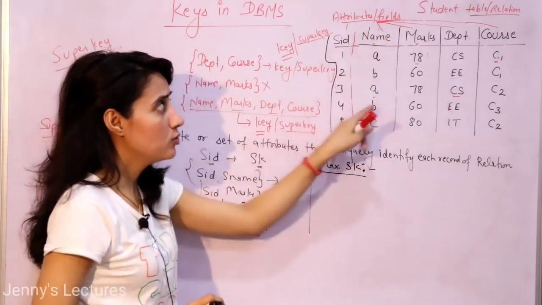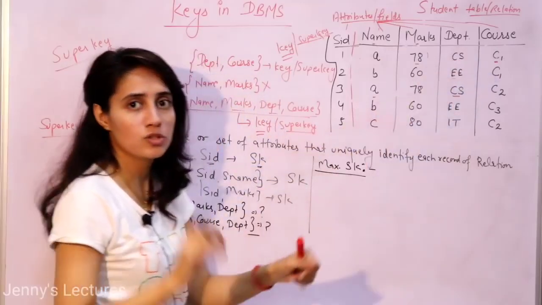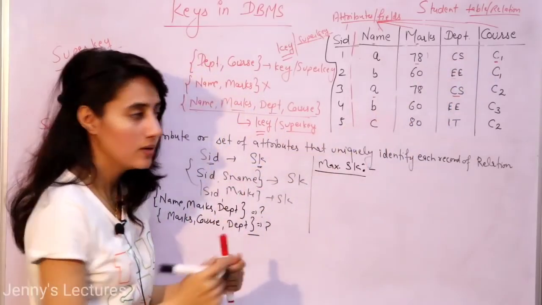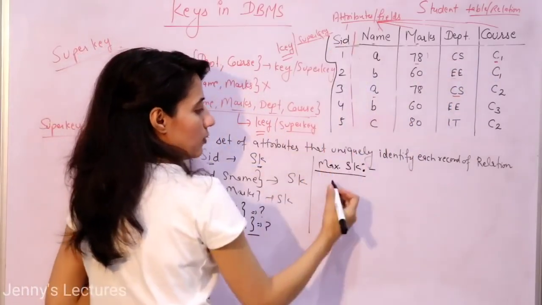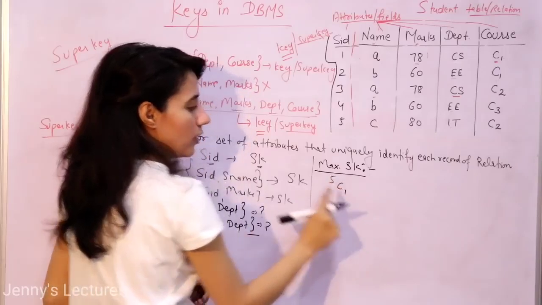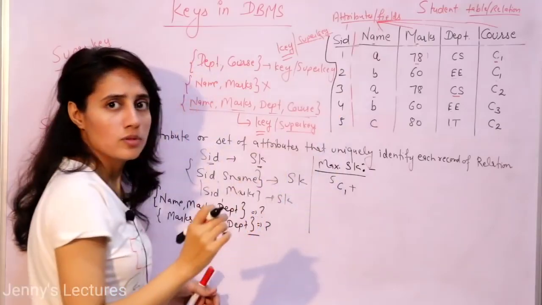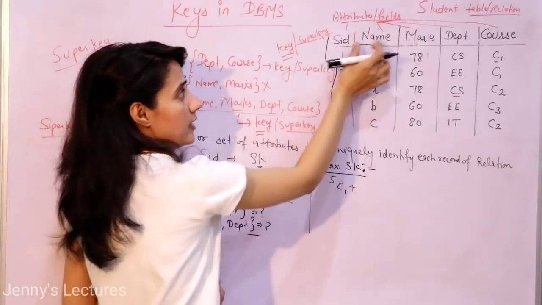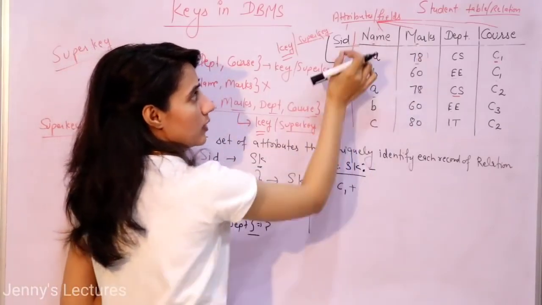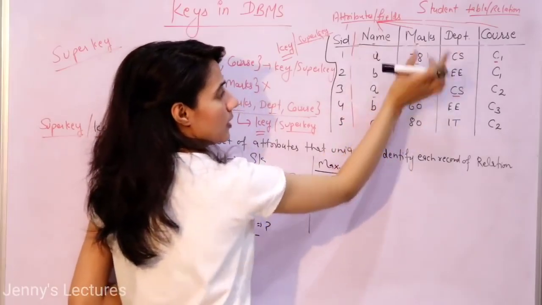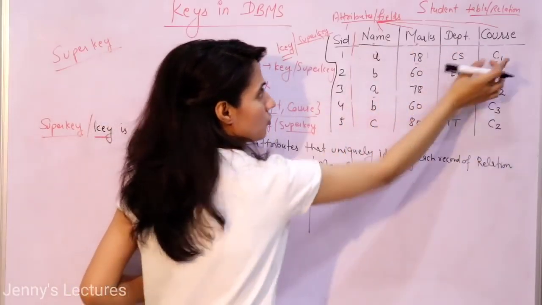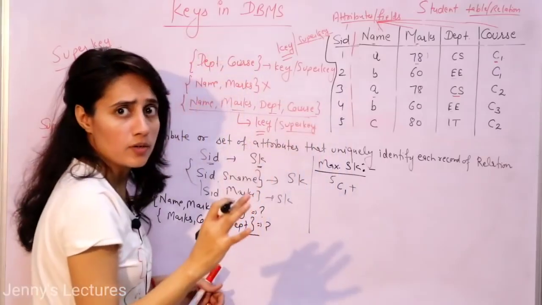SID is, name is, marks, department, course, means 5 super keys, right? So if I take only one attribute out of 5, 5C1. Next, if I take 2 attributes, that is also a super key. Maybe I take SID name, super key, SID marks, super key, SID department, super key, name marks, super key, marks department, super key, marks course, super key, this kind of thing, right?